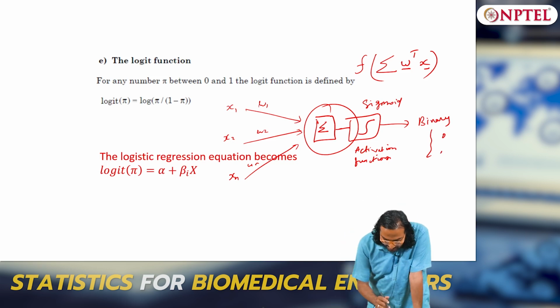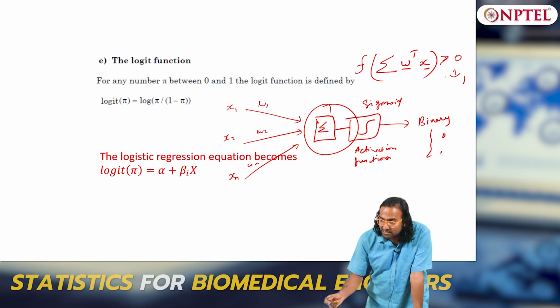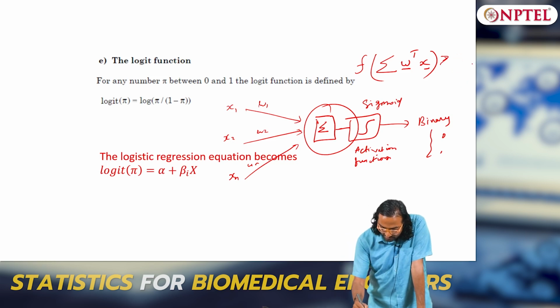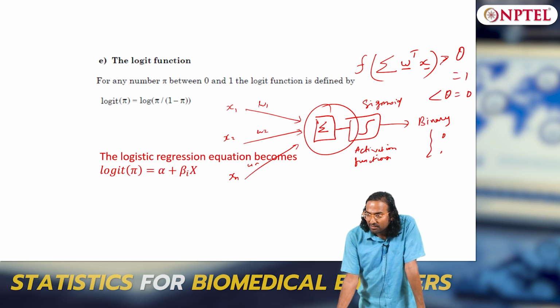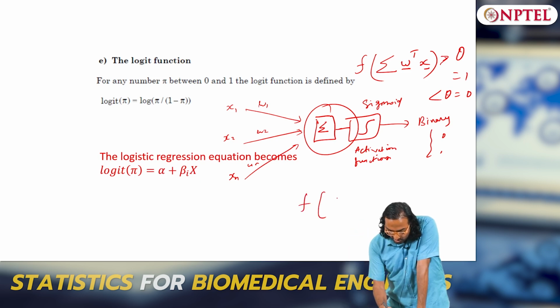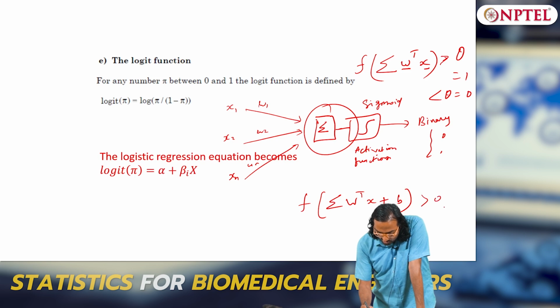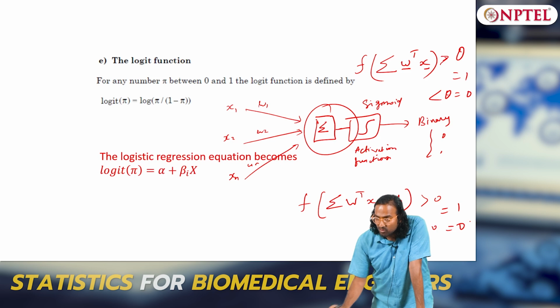When this function is greater than some threshold, you can call it theta, then the output is 1, and if it is less than theta the output is 0. Instead, this threshold is added as a bias today. So if it is greater than 0 then the output is 1, otherwise it is less than or equal to 0 and the output is 0.